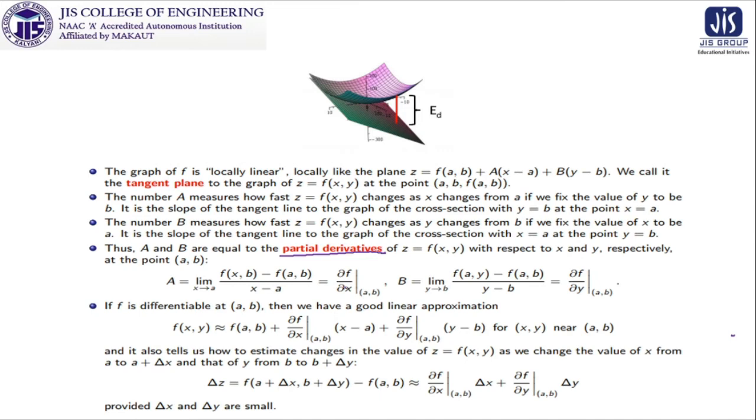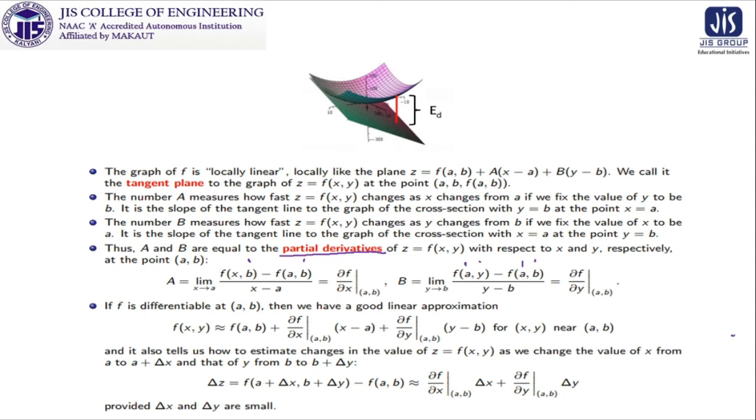Look at this, in case of del f del x, b is not changed but x is changed. Here also in del f del y, the value of x is not changed but y is changed, y to b. In this manner we can measure the differentiability of a function represented in several variables.